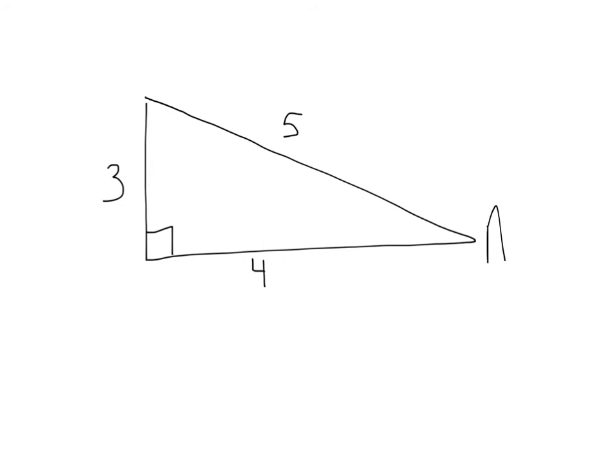So given angle A and angle B, the sine of angle A is equal to 3 over 5, opposite over hypotenuse. But the cosine of angle B is also equal to 3 over 5. Because the side opposite angle A is going to be the side adjacent to angle B. They both compare to the hypotenuse.